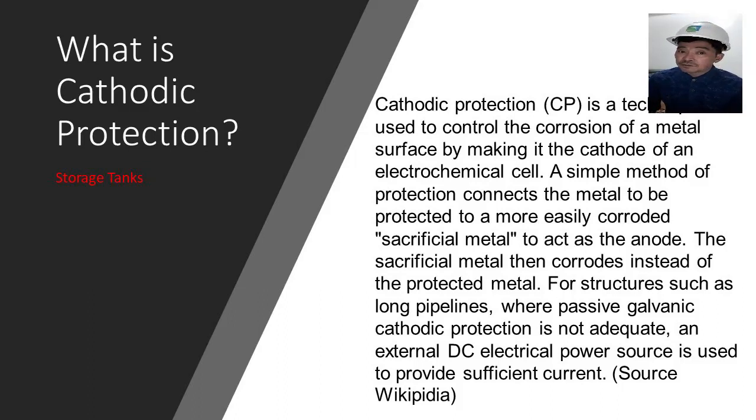Normally, the sacrificial metal is what we call a less noble metal, so that it will get corroded easily. The sacrificial metal then corrodes instead of the protected metal. For structures such as long pipelines, where passive galvanic cathodic protection is not adequate, an external direct current electrical power source is used to provide sufficient current.